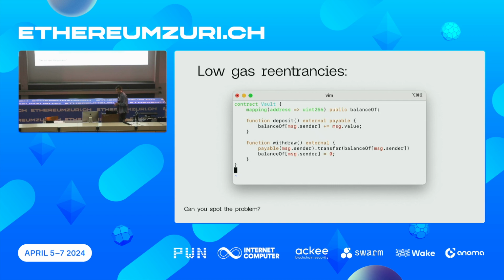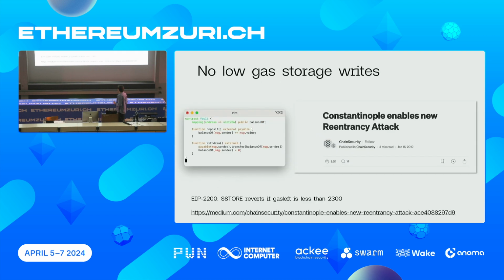And this is an addition to the EVM that was introduced with the Constantinople hard fork, because initially a storage write was always 5,000 gas, and so you could never write to storage in a send or transfer reentrancy.